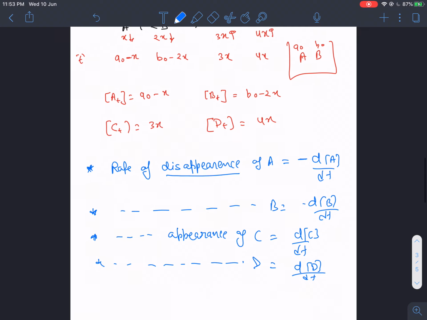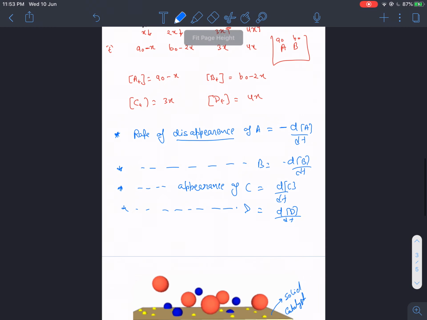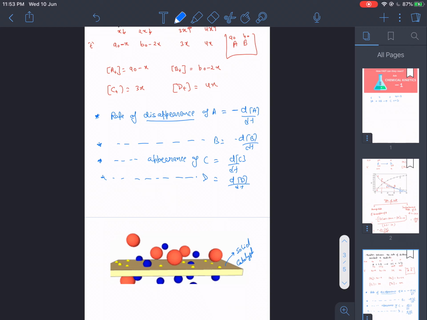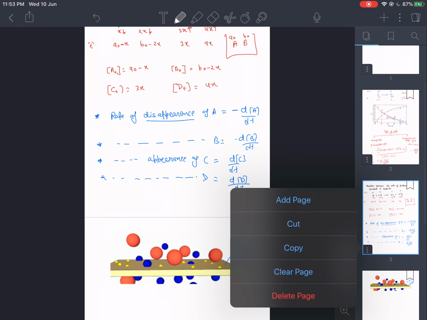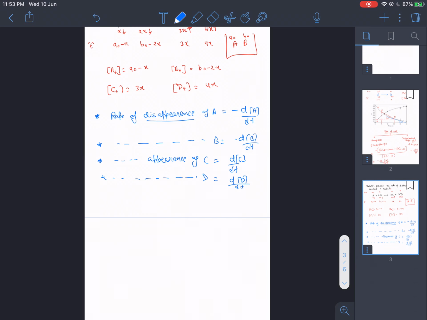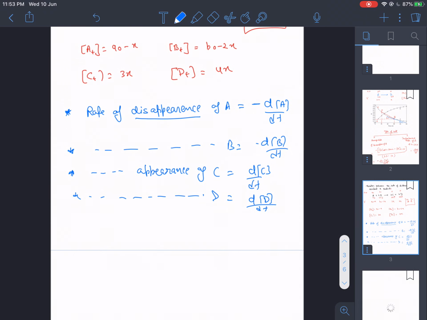Now how to relate them? Let us substitute this value. Number 1, minus dA divided by dt is equal to, let's substitute this value of concentration.